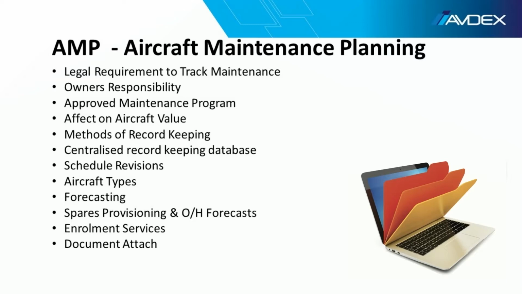An AME can literally spend half their allocated task time researching the information they need before they begin work. This makes for costly man-hour utilization. AMP links related documentation to each task to make it available for printing or on-screen viewing.